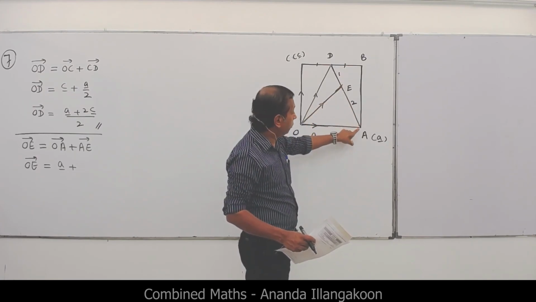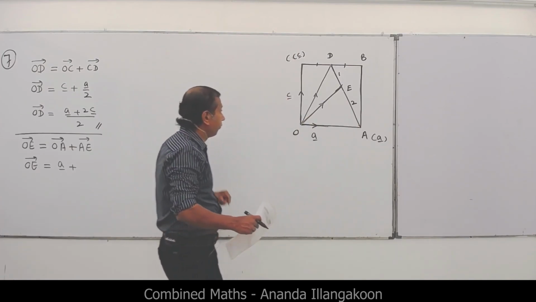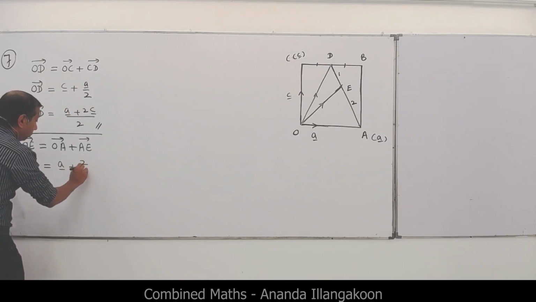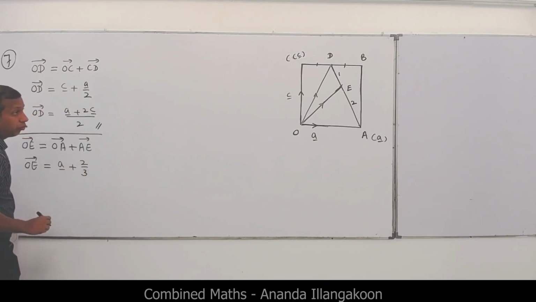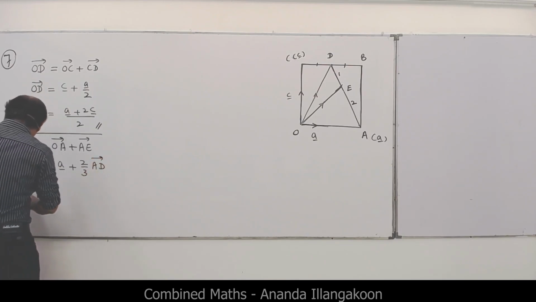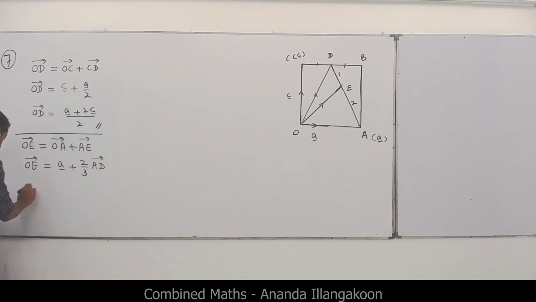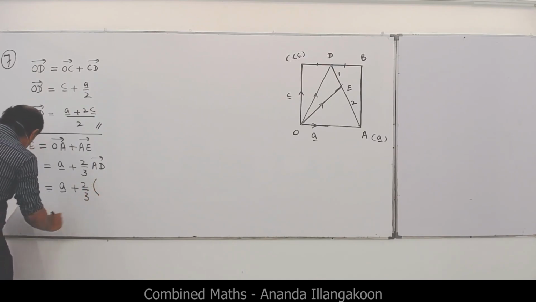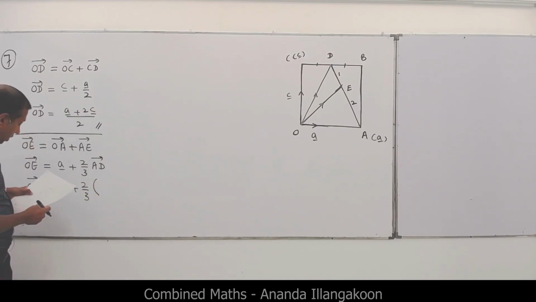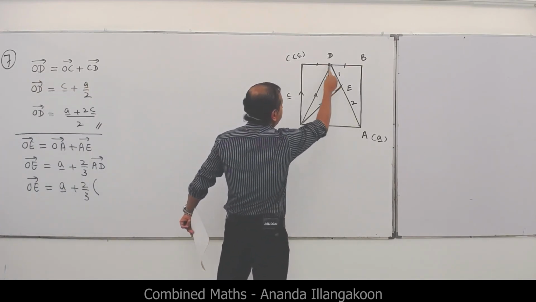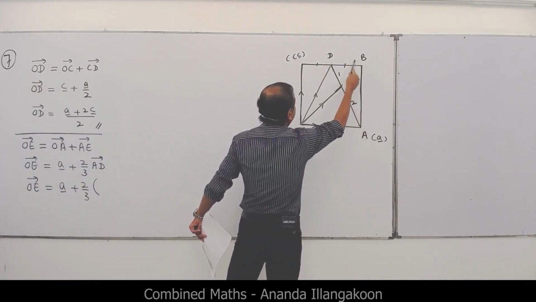Out of that, 2 parts we have to take as AE. Then AE we can write as 2/3 of AD. And then OE vector you can write as A vector plus 2/3 of AD vector. AD vector, A to D, you can write as AB plus BD.